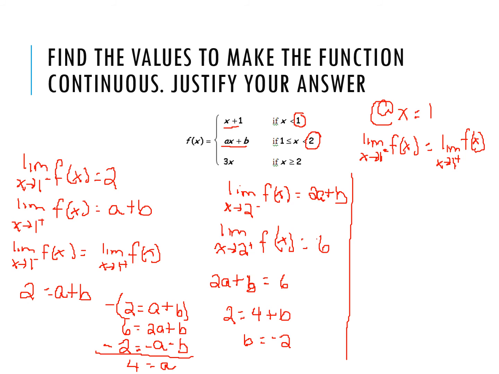I'd get 2 is equal to, a is 4, so that would be 4 times 1, and b is negative 2, so that'll be 4 minus 2, which is 2. So the limit as x approaches 1 of f of x is 2. So that would be the first proof.